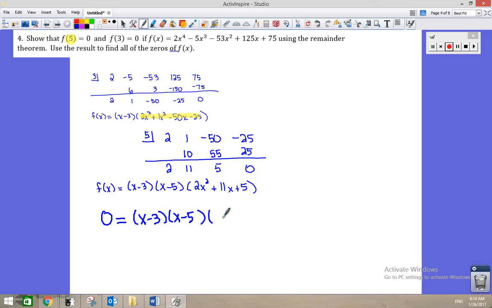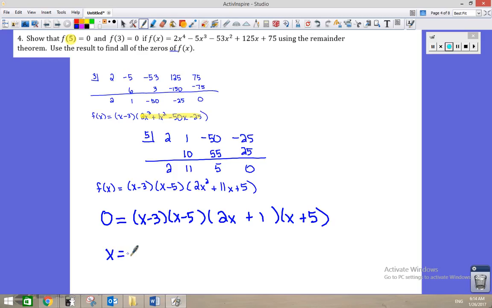And what you should get, 2x times x plus 1 plus 5. Because I have 2x squared, 10x plus 1x is 11x plus 5. So that means that I can now find 4 zeros for this function.